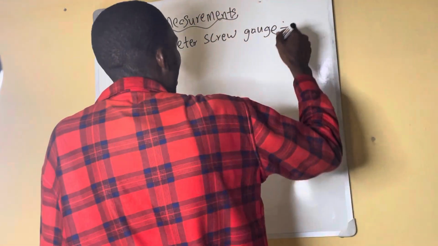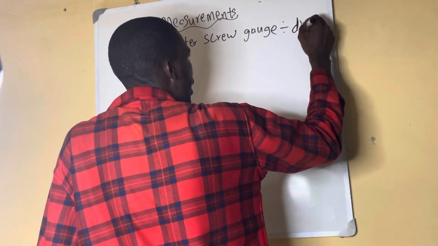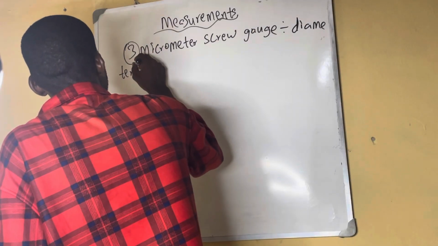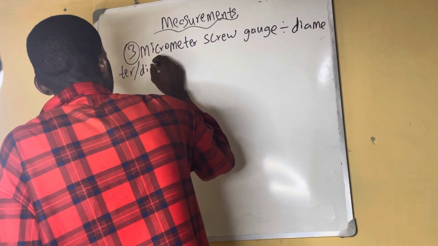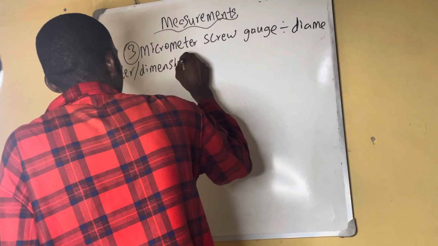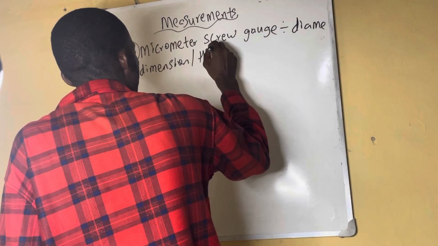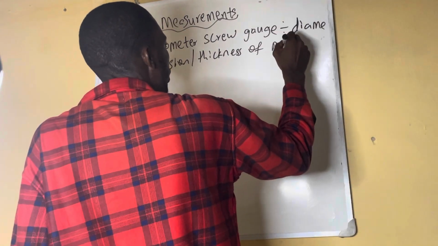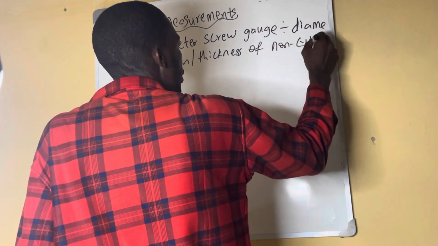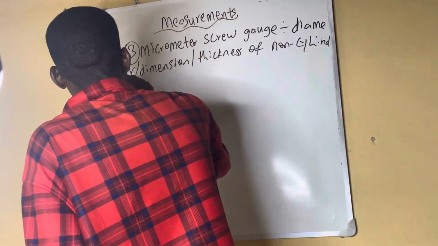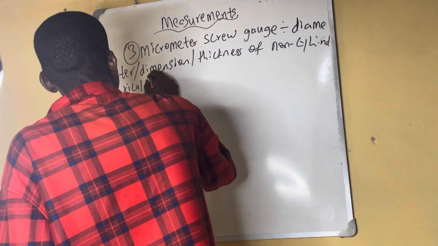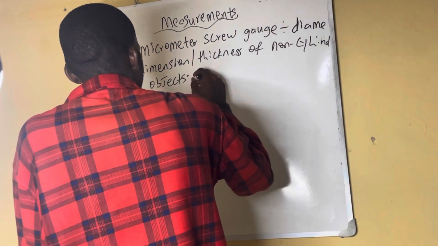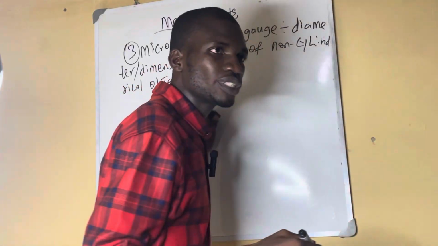When we're talking about this, we're talking about the one that measures the diameter or dimension or thickness of non-cylindrical objects. So examples of this one: now we're talking about some objects that are not in a cylindrical form.